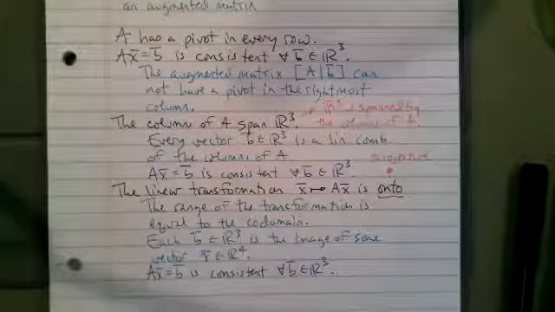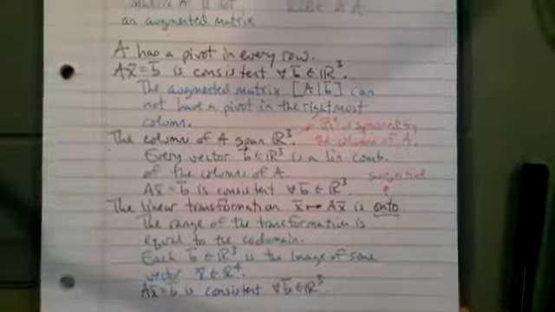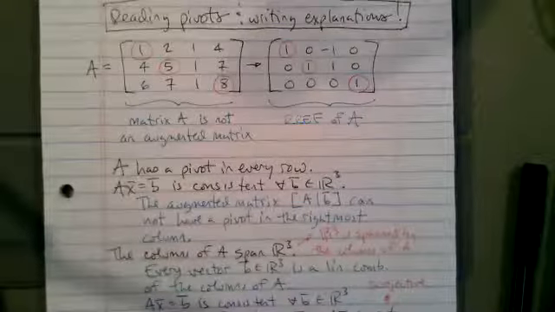Let's see what we can see by looking at this matrix and noticing that A does not have a pivot in every column.